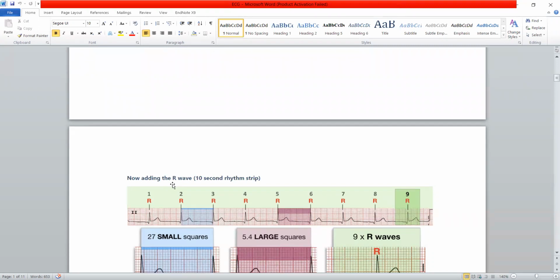The number of large squares between two R waves are divided into 300. Such as in this case, there are 5 large squares, so 300 divided by 5, it's 60. The heart rate is almost 60. This was the first method to calculate the heart rate.